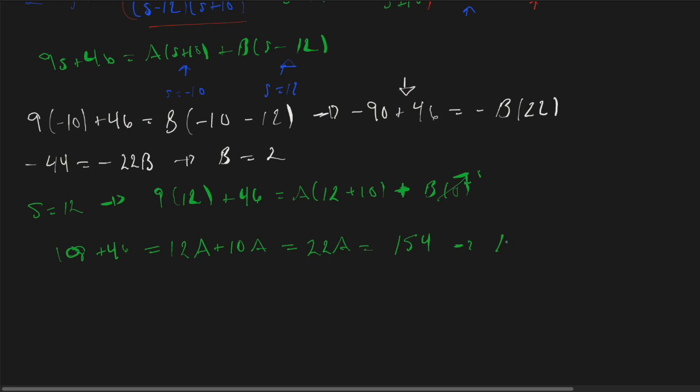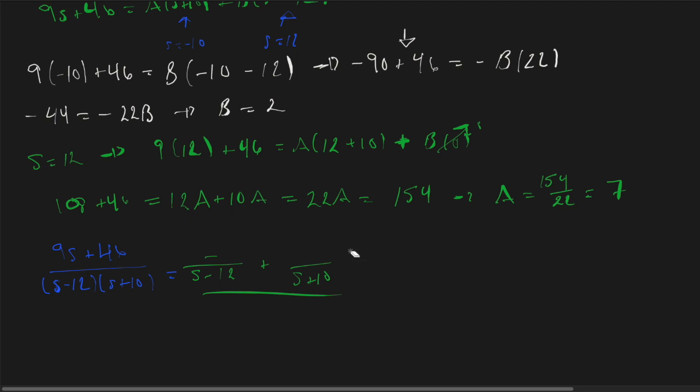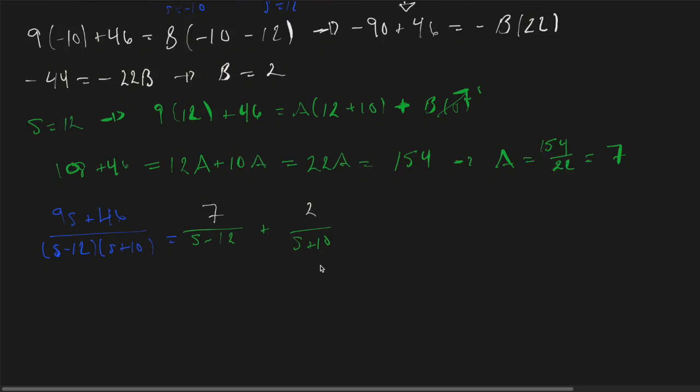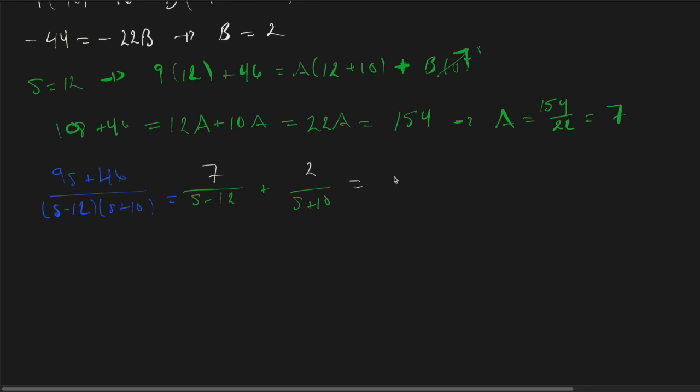We're going to get that a equals 154 divided by 22, and that is equal to 7 and 2. And that is from above, where we just plugged in our 7 and 2. And that is also equal to the Laplace transform of y.